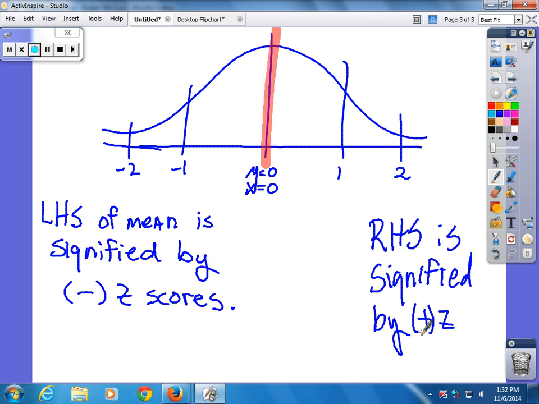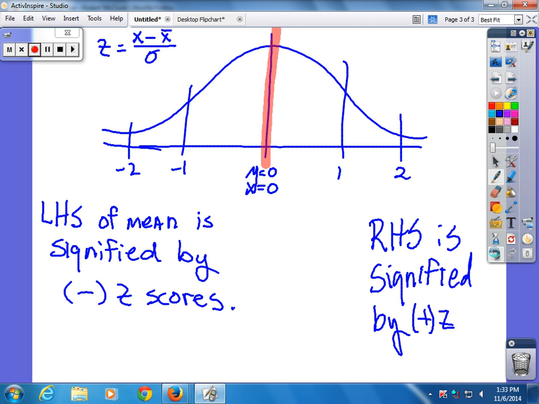Now, the reason I'm telling you this is when we get into the table in just a minute, and we get into the questions, it depends on where your point is. Wherever they put a point, whether it's on the left or on the right of the mean, that tells you what to do. Okay? Now, of course, just to remind you, z-score is equal to x minus x bar over what?